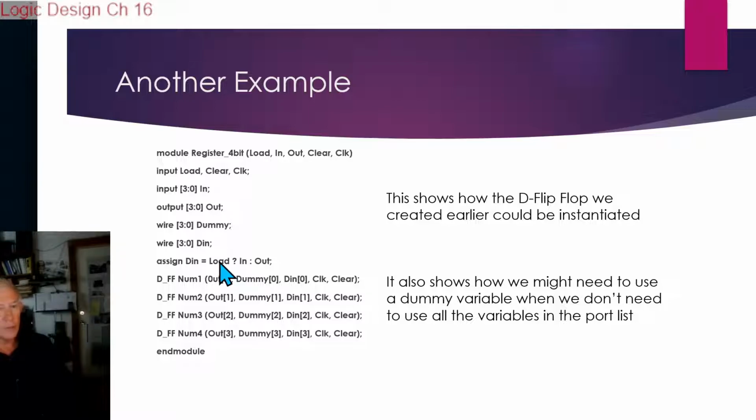No, I said that wrong at first. It's going to go to the D inputs if load is true. So in other words, this input is what gets loaded when my load control signal is asserted.